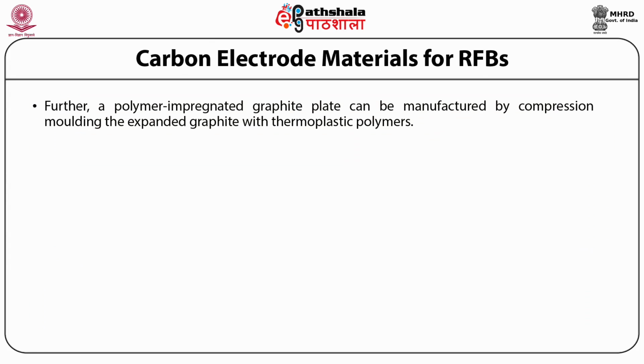Further, a polymer impregnated graphite plate can be manufactured by compression molding the expanded graphite with thermoplastic polymers. Since this molding technique allows the use of a higher proportion of graphite than the injection molding method, it has better electrical conductivity.